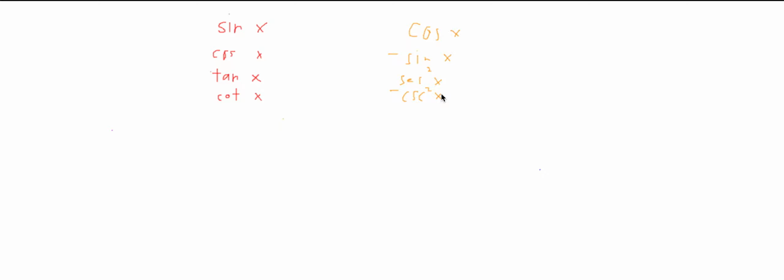And now you got the final two, that's cosecant x, whose derivative is negative cosecant times cotangent. And then you got secant x, whose derivative will be secant times tangent.